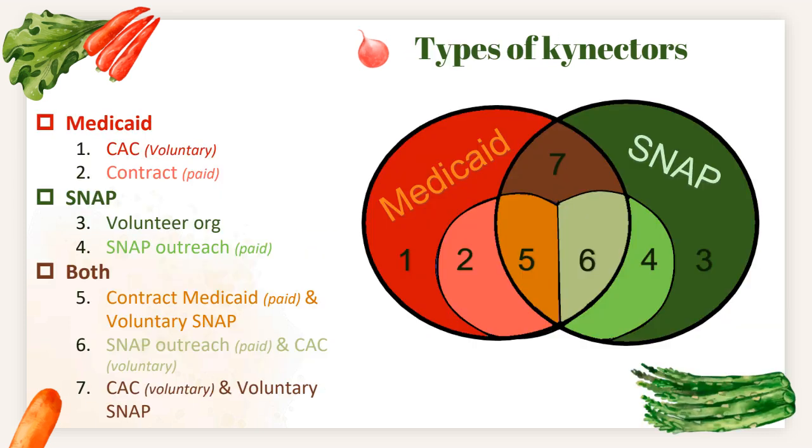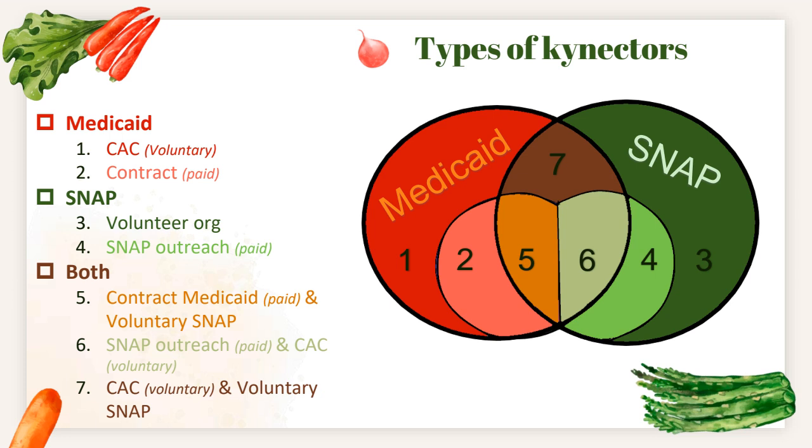So this is perhaps a little bit more information than you necessarily need, but I like to have full context when I'm looking at something. As I mentioned, there's a couple different types of kynectors depending on the access that they have. We have Medicaid kynectors, we have SNAP kynectors, and we have folks who are trained for both. I'm not going to get into too much detail here because this is a high-level overview.